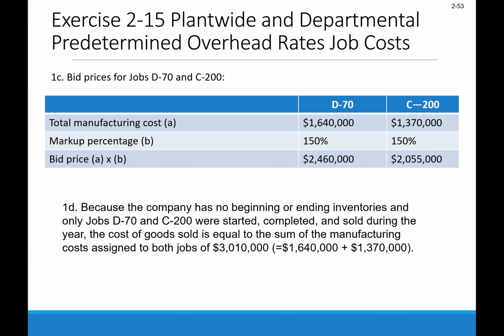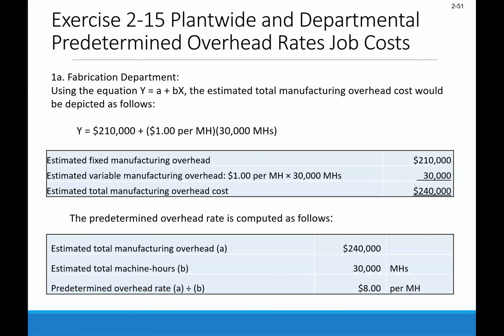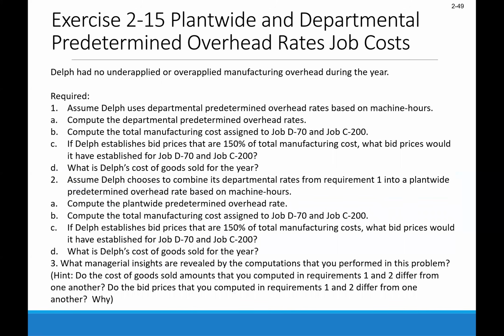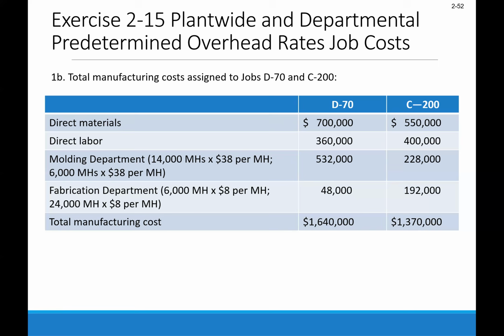Now, what are the bid prices? Okay, let me just go back here, see our questions. If Dell establishes bid prices that are 150% of total manufacturing cost, what bid prices would it have established for job D70 and job C200?